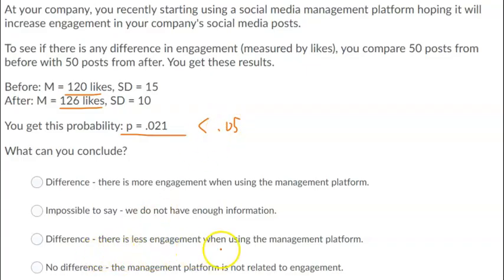There is less engagement when using the management platform? This is not true, because there are more likes. So there is more engagement when you use the management platform. So you can say that this is a difference, and you will conclude that using the new platform will attract more likes.